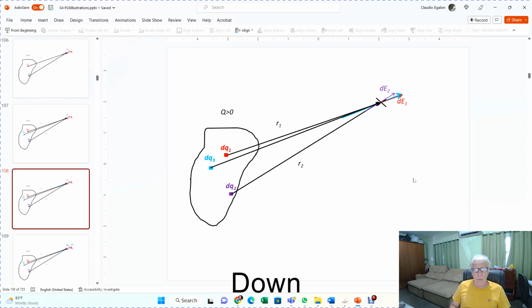It will also contribute an electric field. So the idea here is to pick every possible infinitesimal electric charge that you have in this volume, visualize the electric field, and then sum the contributions of each one, like we did for the point charges.